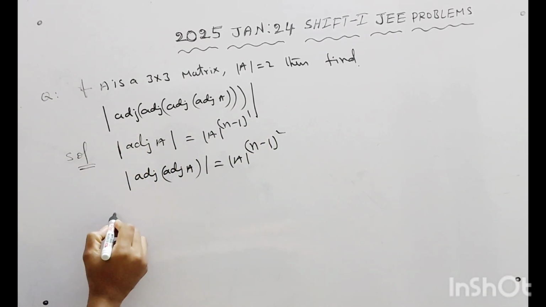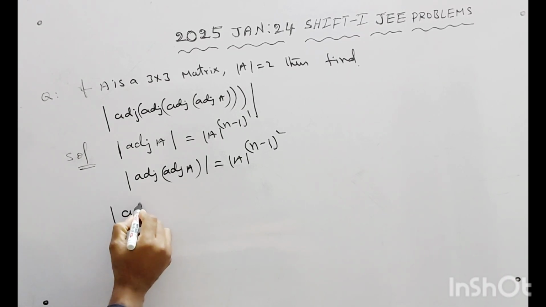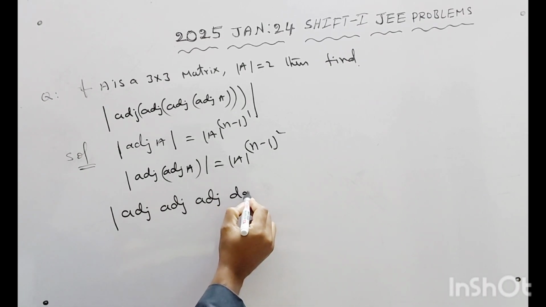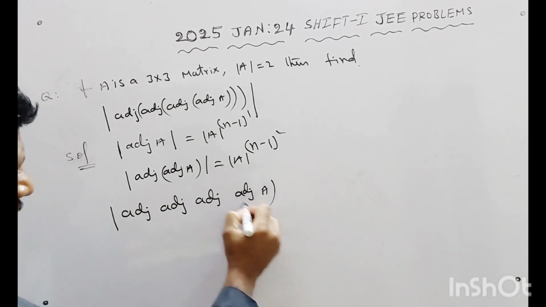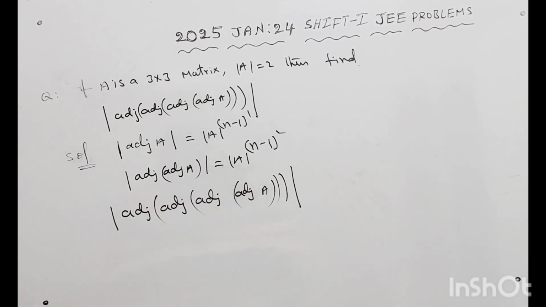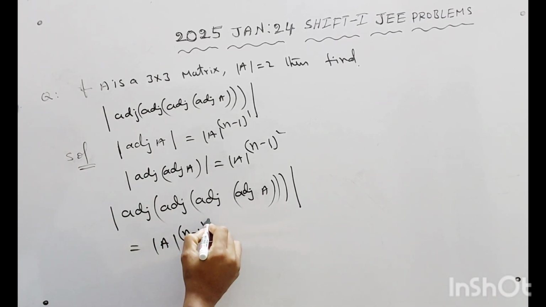Similarly, here we have det of adjoint adjoint adjoint adjoint A. In total we have 4 adjoints inside of the det: 1, 2, 3, 4. That's why we should write this formula as det A to the power of n minus 1, whole power 4.